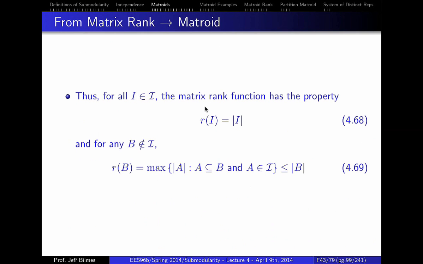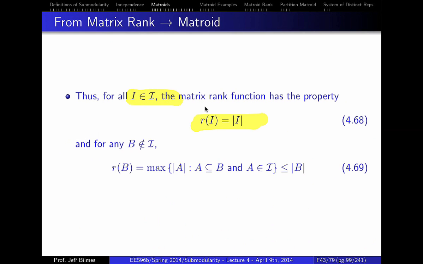Right? So now we can define a rank function in the following fashion. If we start by taking an independent set, then the rank of the independent set is just going to be equal to its cardinality. Because that's the number of dimensions spanned by the vectors indexed by that set, and if they're all independent, then all of them are important.